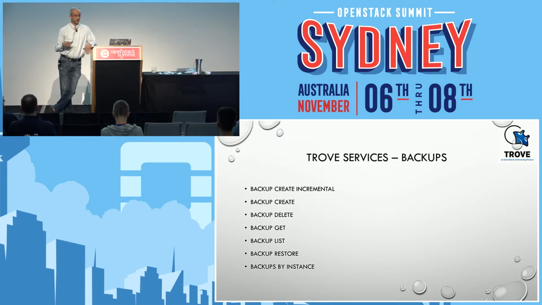Trove supports both full and incremental backups. Another neat thing that I haven't really touched upon here is you can actually delete an instance and then spin up a completely new instance based on a backup that you've saved in Swift. So you sort of have a restore from a backup, but really, essentially get a completely new instance based on that backup.